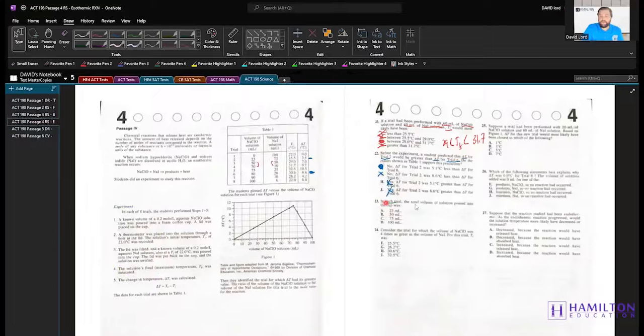In each trial, the total volume, again italicized, so we're looking for the total poured in the solution was what? Well, looking at each of the trials, the total volume is 100 each time because 0 plus 100, 25 plus 75, all the way down to the 100 and 0. So that is why the answer was D, 100 milliliters.